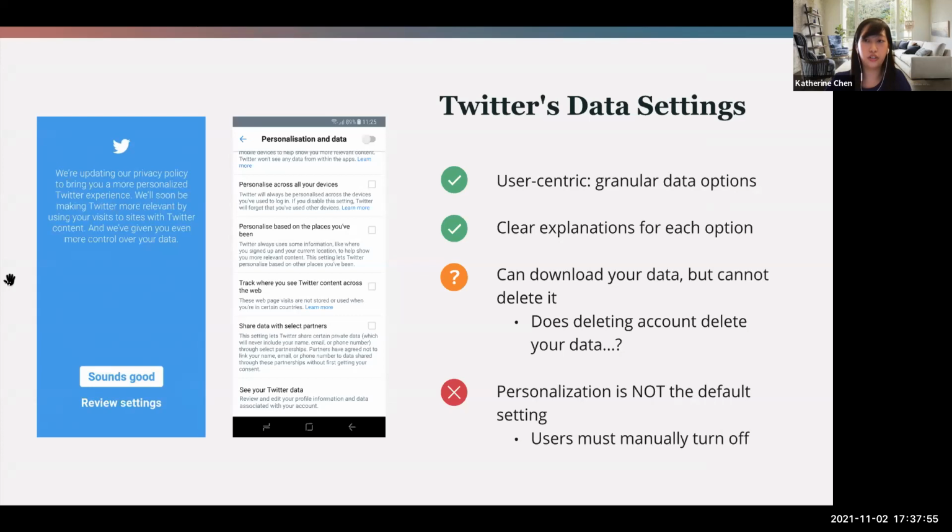And if you click into your settings, you actually now have a panel called personalization and data. This is a previous version. I believe the current version is just called settings and privacy, and it has even more granular options. But when you go into it, there are all these different options you can check to stop tracking your data, to whether you want to personalize your data, whether you want to personalize just on this one device.